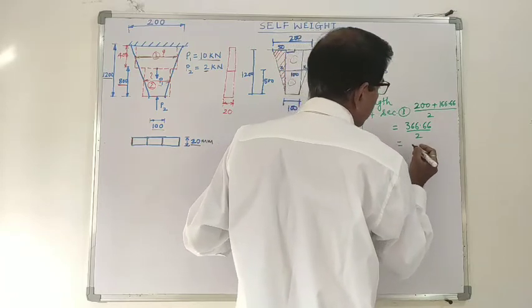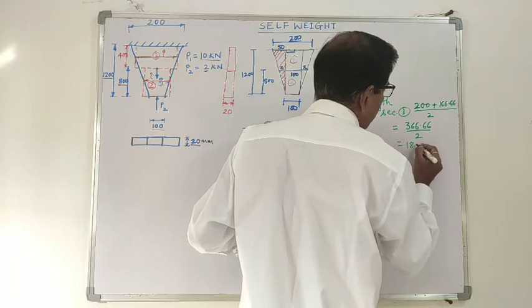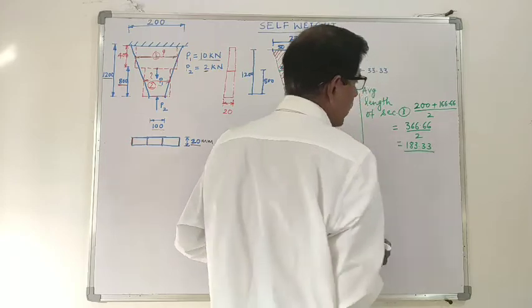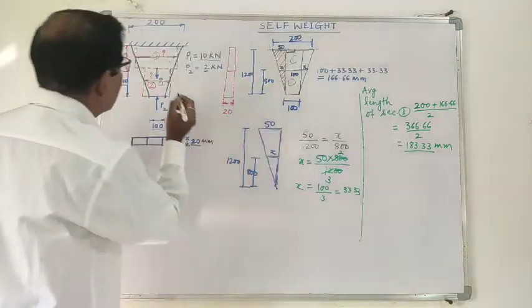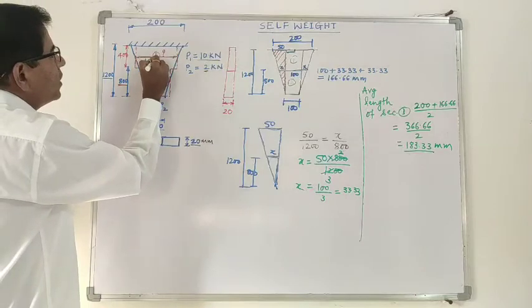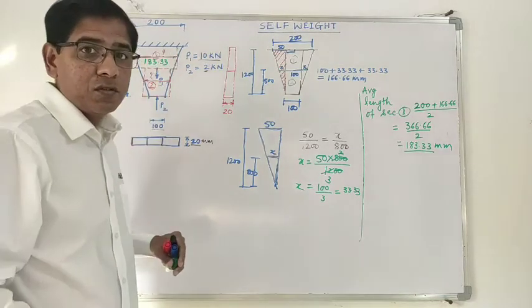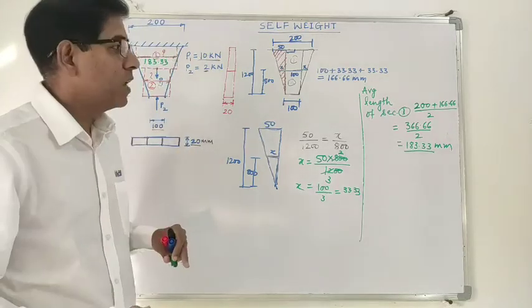So this is 183.33 mm. So 183.33 mm will be the average width of section 1.